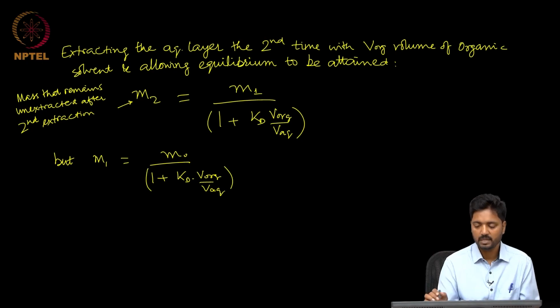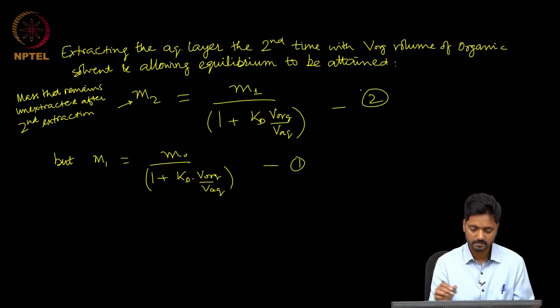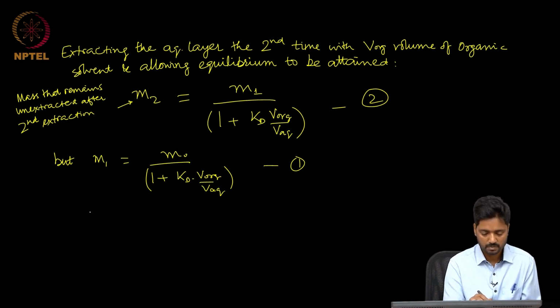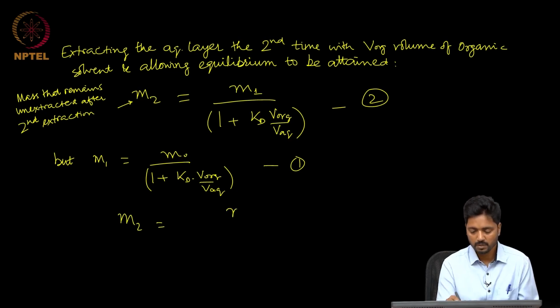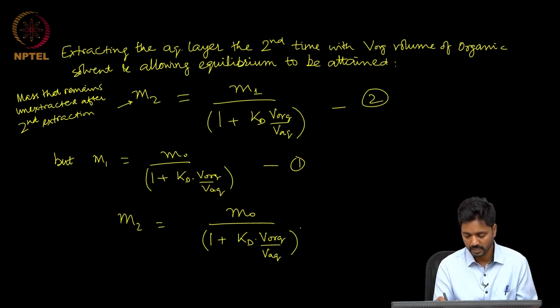So, when we insert this value of m1 into the equation 2, we get m2 is equal to m naught by 1 plus Kd V org by V aqueous, squared.